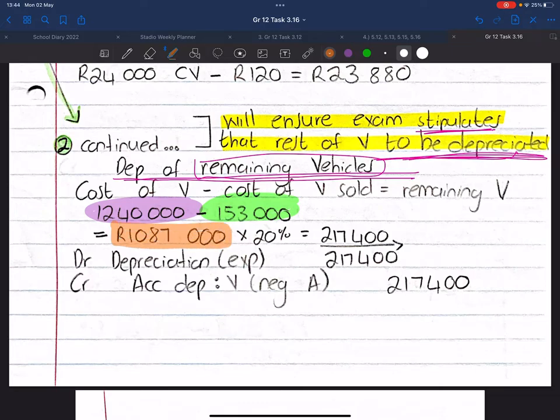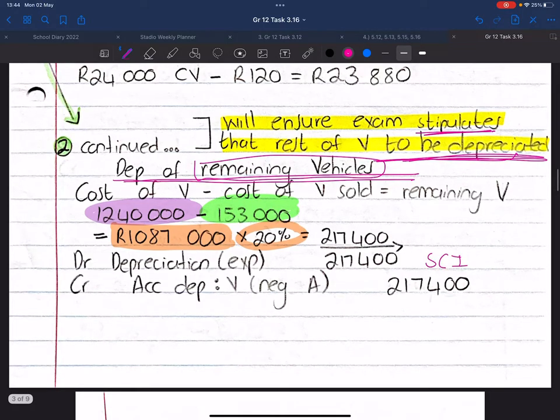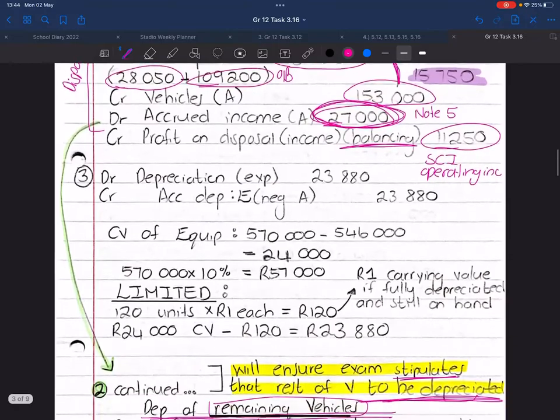And depreciation is at 20% on cost, so we multiply by 20%. We don't need to apportion because we had it for a full year, and we get an amount of 217,400. So we debit depreciation, which is an expense, statement of comprehensive income, and then your accumulated depreciation goes under note number 3, your fixed assets.